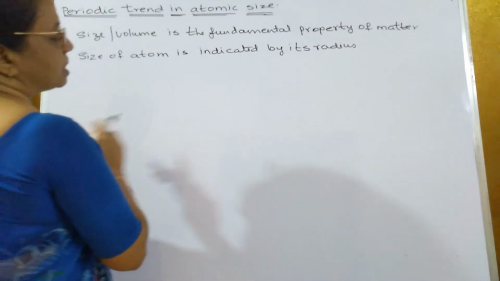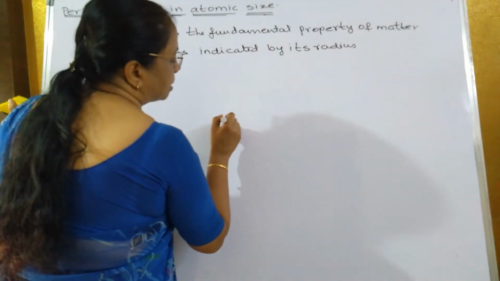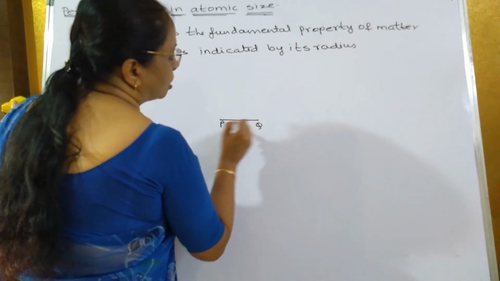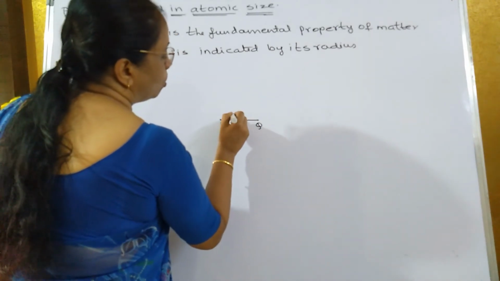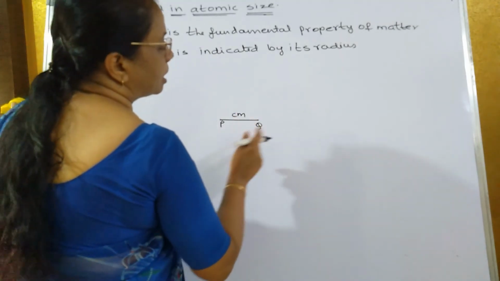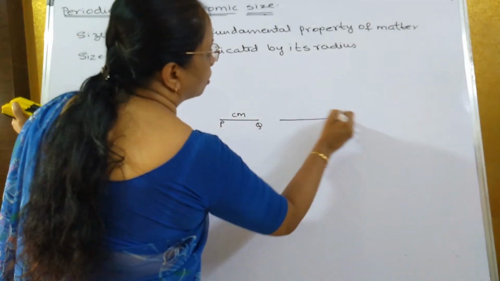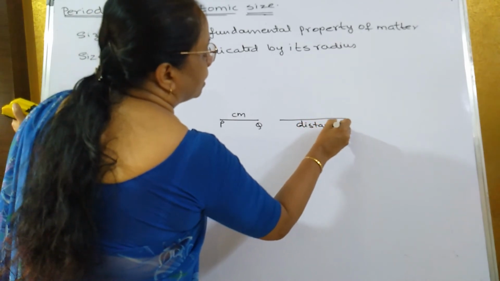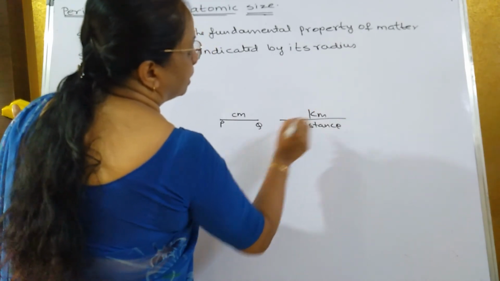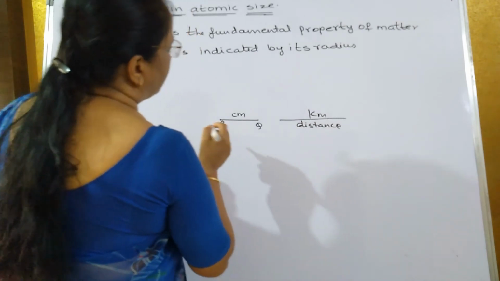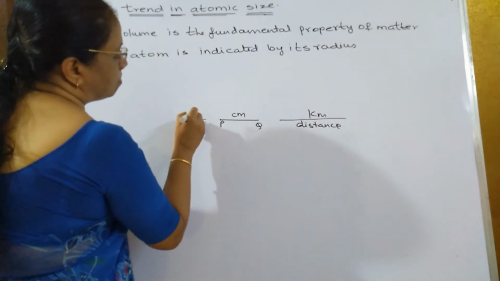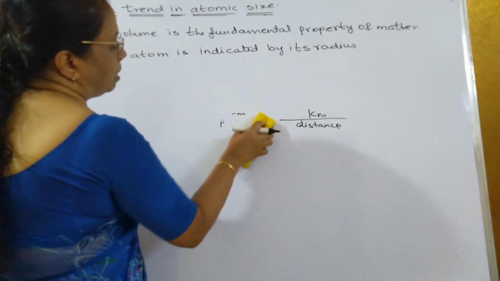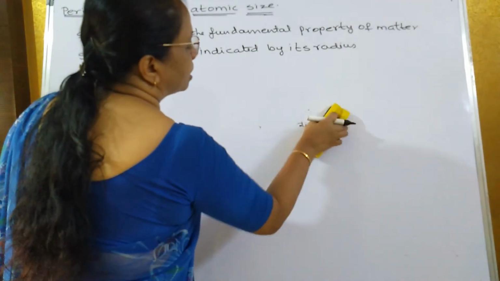Now, to measure the length of a segment PQ, we use a unit, centimeter. If I want to find out the distance between 2 places, then it is indicated by a bigger unit, that is kilometer, and we have a smaller unit also, that is millimeter, and so on. In the same way, an atom is very, very small.